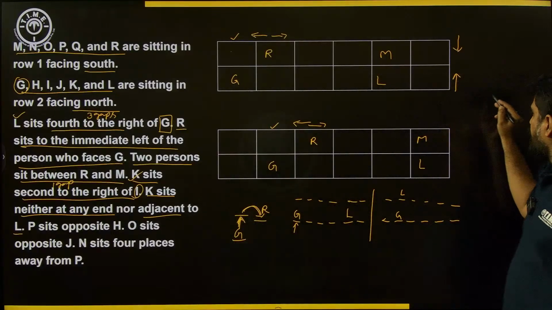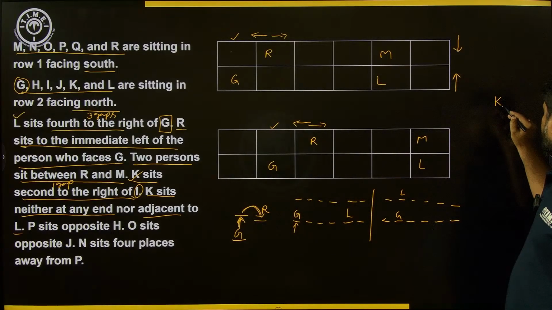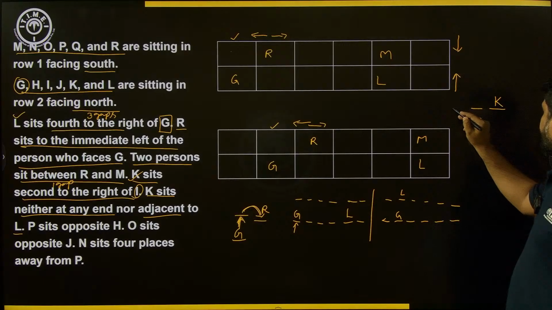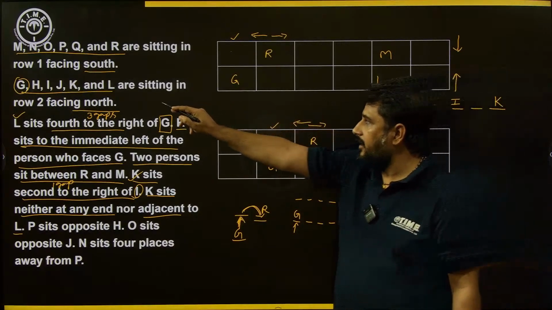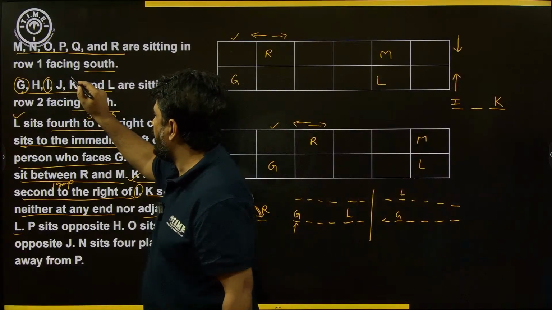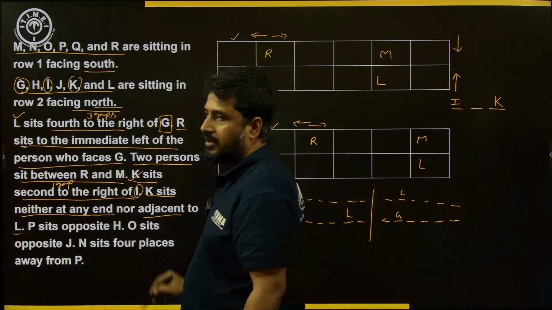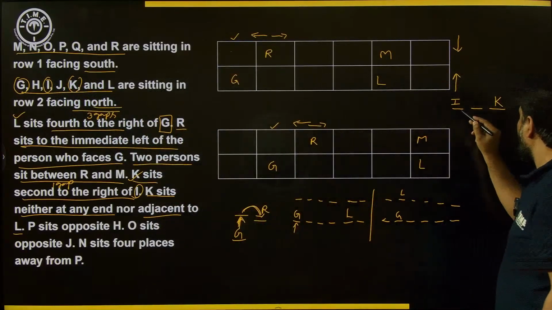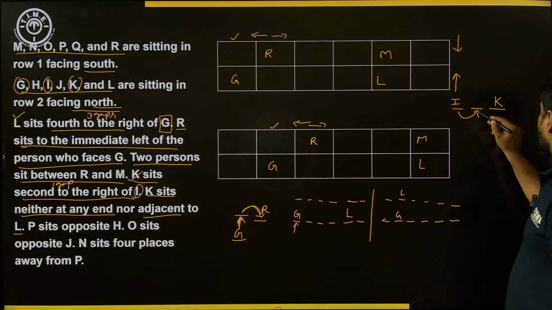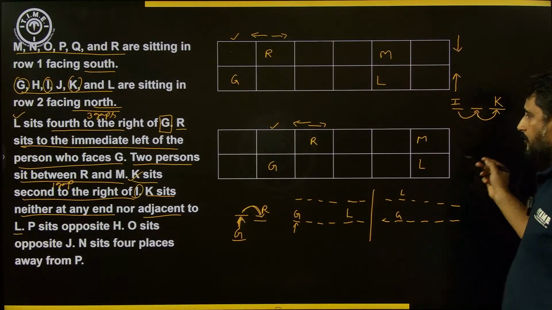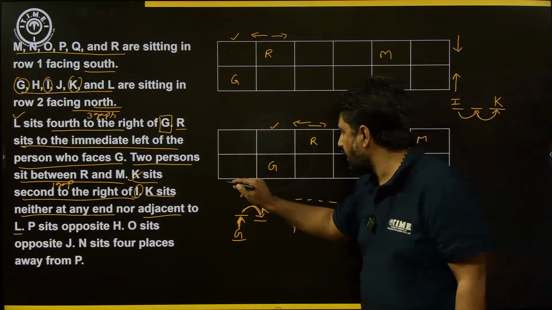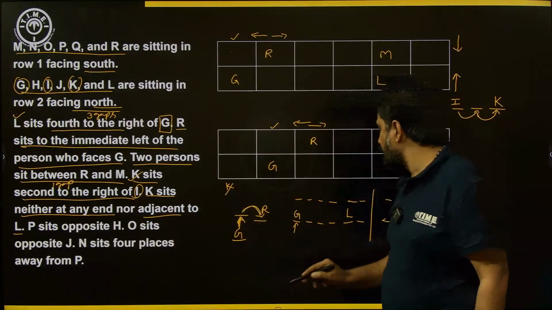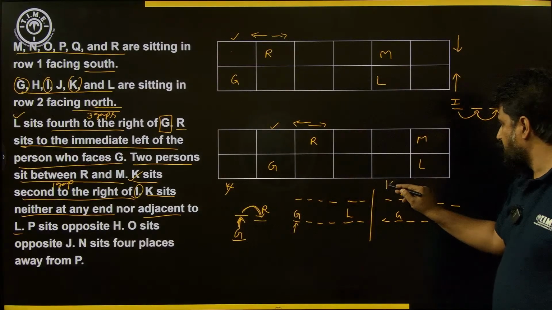Now here somewhere K, and K is second right side of I. Both of them are facing towards north only. We have been given the information that K neither sits at the end, so K cannot be here, nor adjacent to L, so K cannot be here.